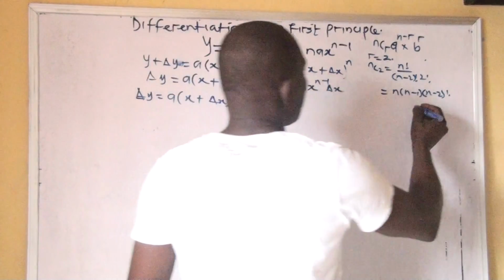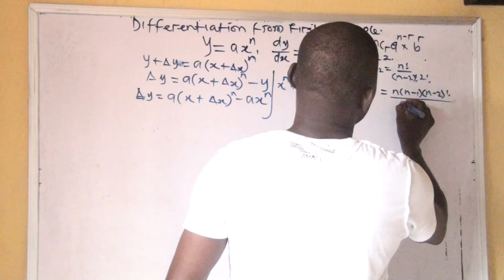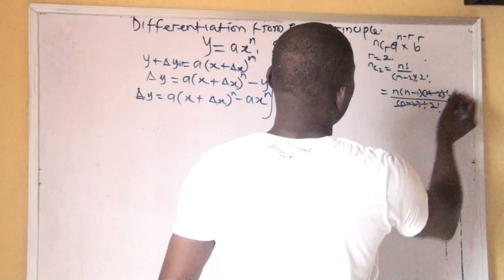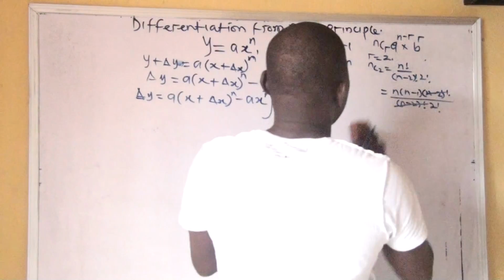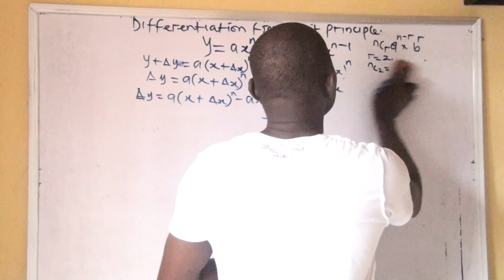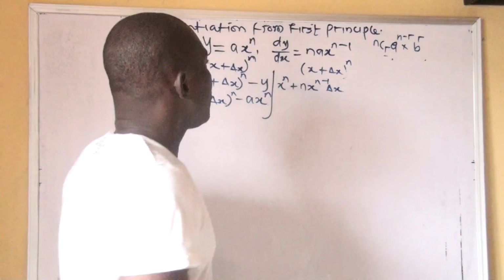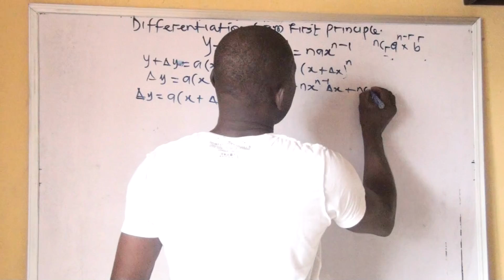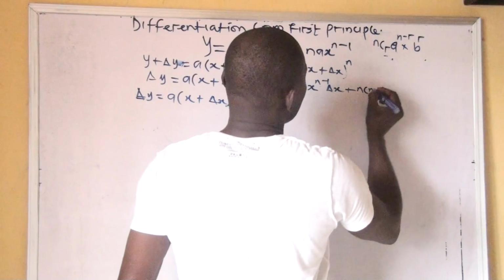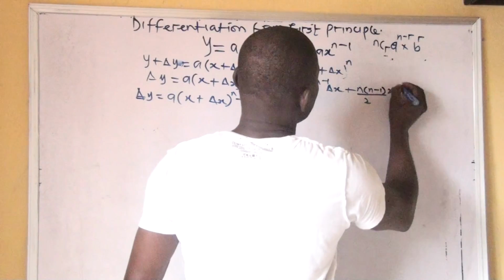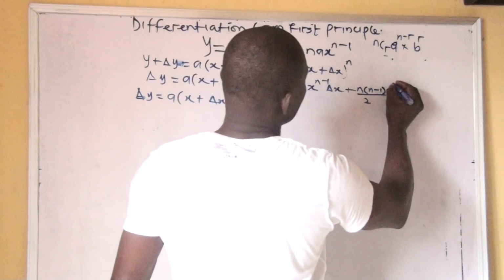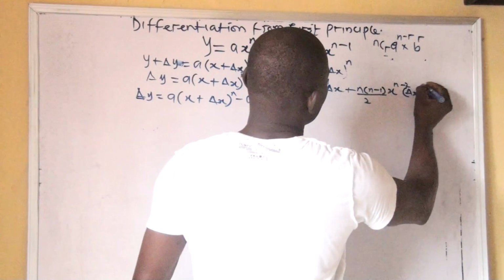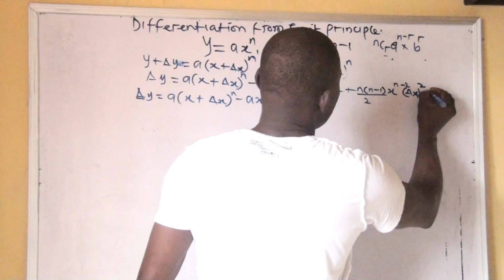So this will cancel with this, so that what we have as the coefficient here is n(n minus 1) all over 2. We have a, x raised to power n minus 2, then our delta x all square. If we continue this process, it will continue like that.